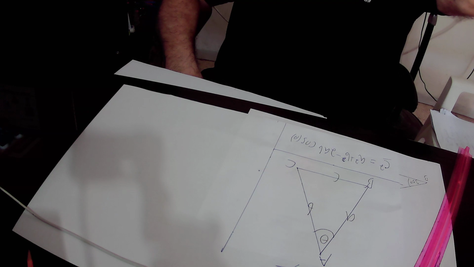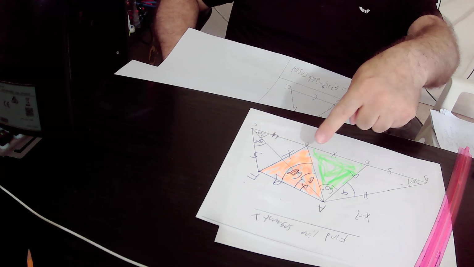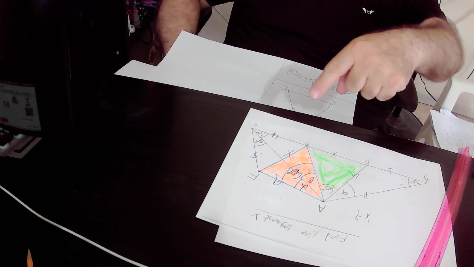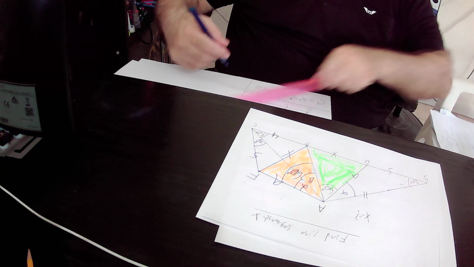Okay, so now we will implement the law of cosines in triangle EFC. So I'll copy triangle EFC onto this new page and we will implement the law of cosines in this triangle EFC.